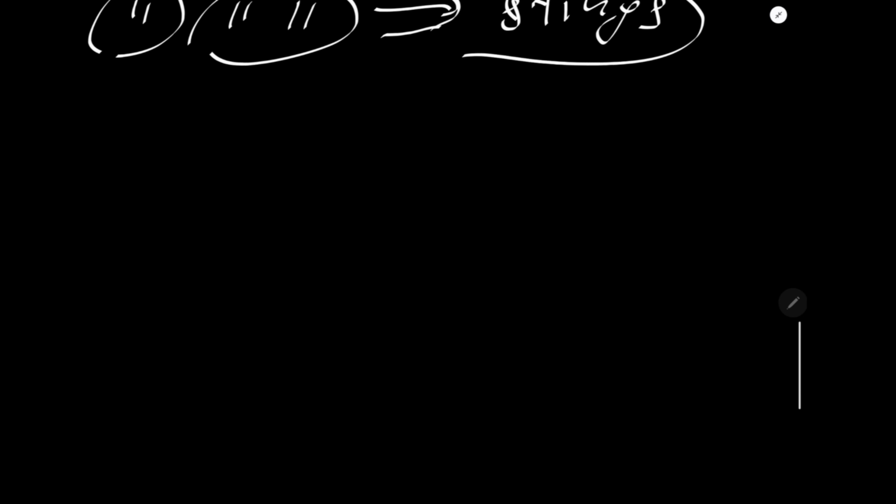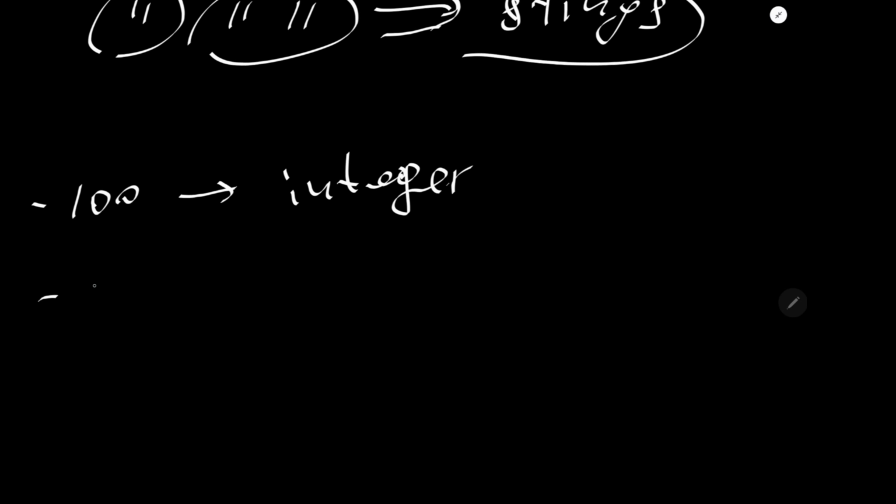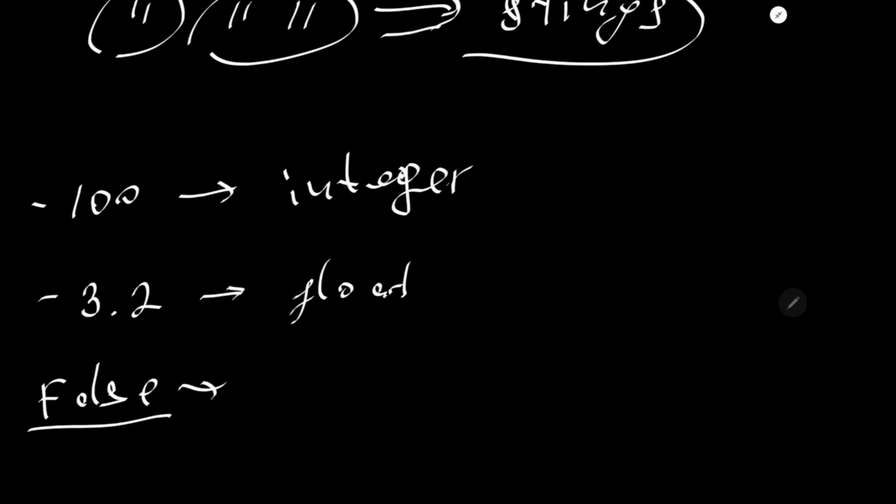Let's give another example. I will use negative 100. What's the type of this variable? It is integer. Yes, you got it right. What type is this variable, negative 3.2? This is float, because there's a point. What's the type of False? It's boolean.